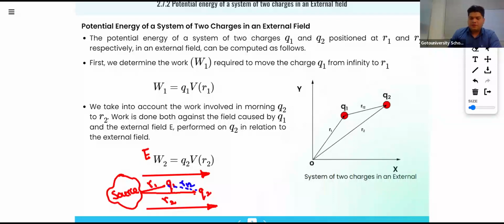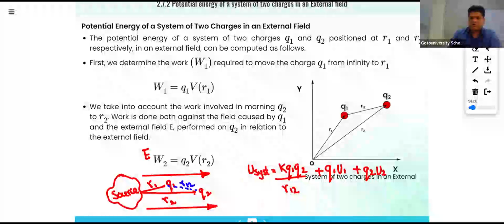Now, if you want to find the potential energy of the system, first, because of these two, there will be k q1 q2 over r12, plus q1 u1 plus q2 u2.